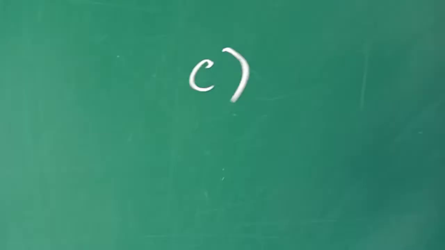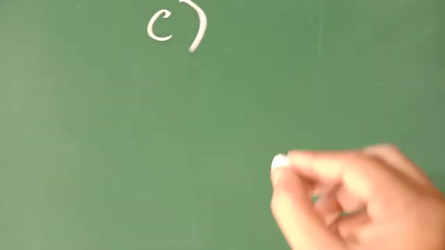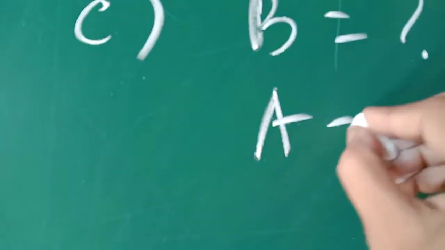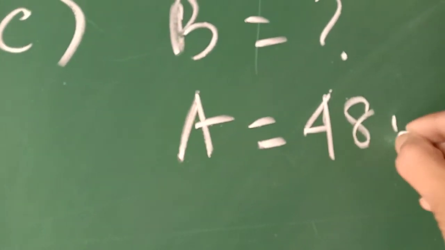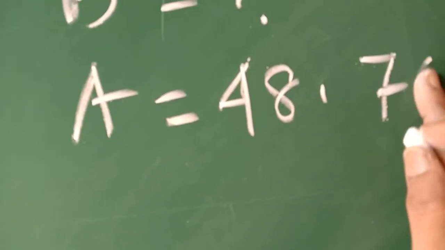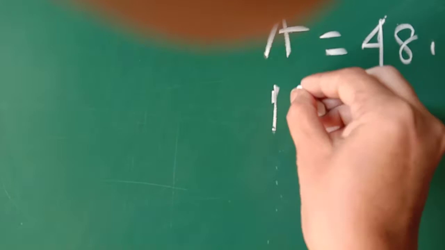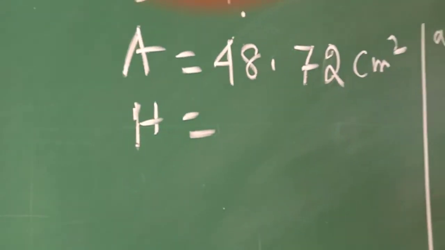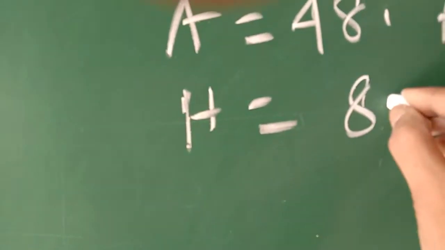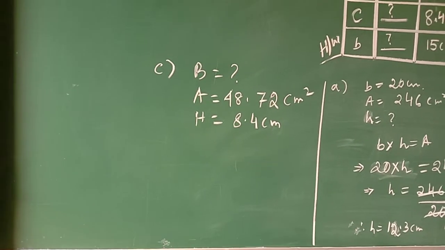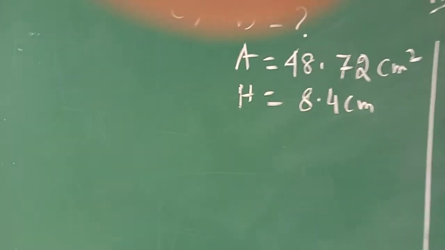Question number C, where base is missing, area given 48.72 centimeter square, and height given 8.4 centimeter. Then what you have to find out? You have to find out the base.